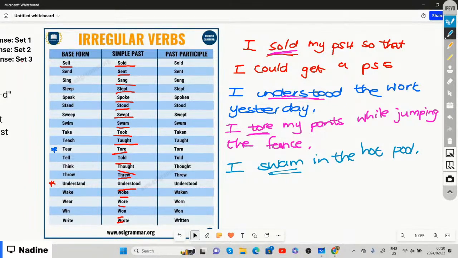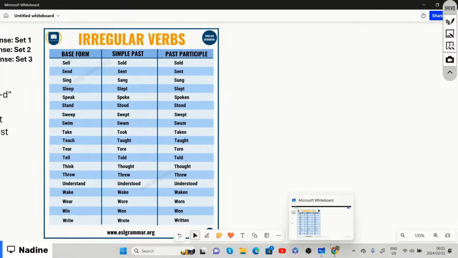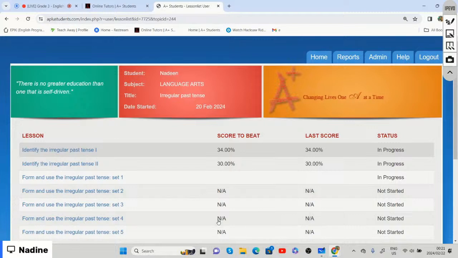So once again, these are but a few examples of the irregular past tense verbs. On this picture, we have the present tense forms, which is the base form, as well as the simple past tense form of the verb. And remember, we said with irregular past tense forms, there are no rules that you need to follow.